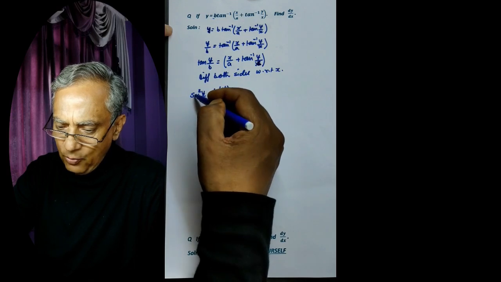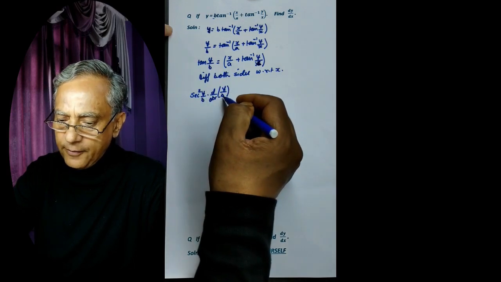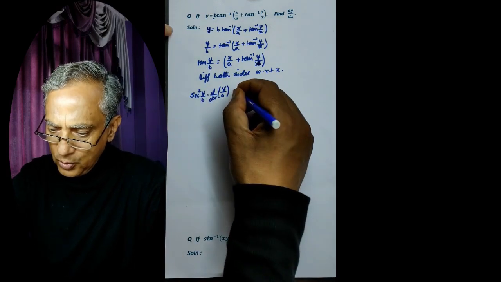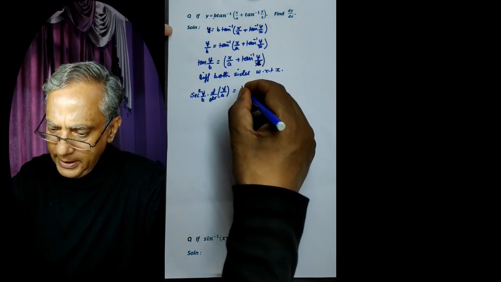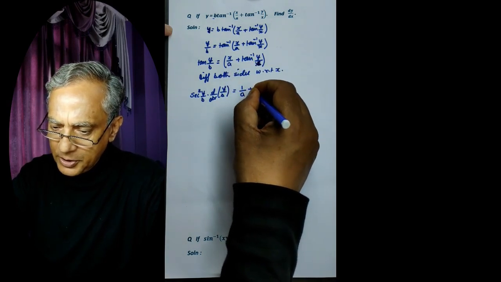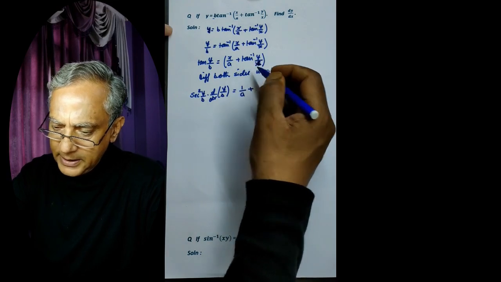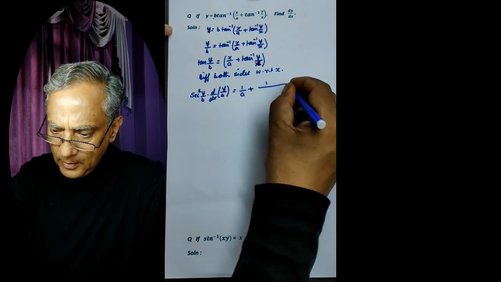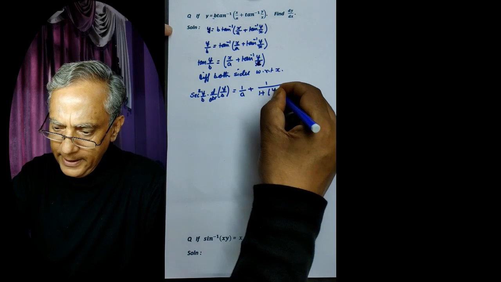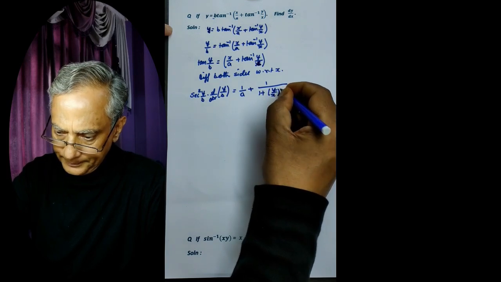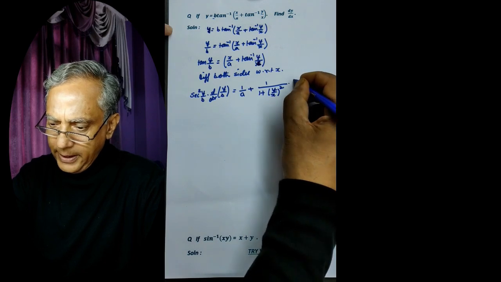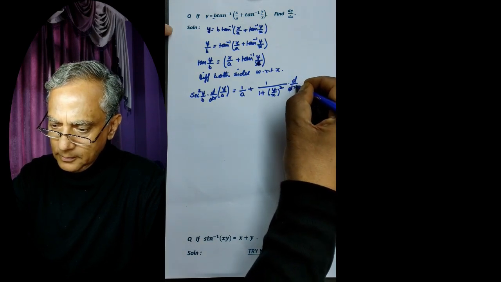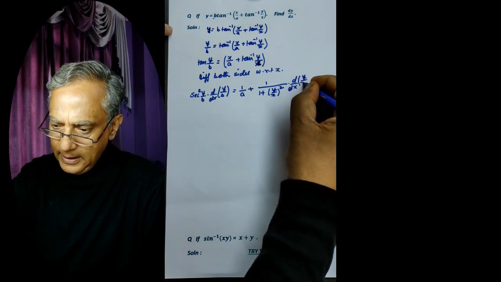Secant square y by b into differentiation of the inner function, that is y by b, is equal to the differentiation of this, which will be 1 by a plus differentiation of tangent inverse y by x, which is 1 over 1 plus y by x whole square into d by dx of y by x.